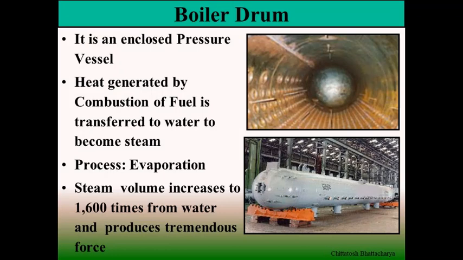Water comes into the drum from the economizer, then it is passed through the downcomer for heating in the water walls, and the water-steam mixture comes back to the drum, and then there is a separation of steam in the saturated condition, which is dried and sent for superheating.